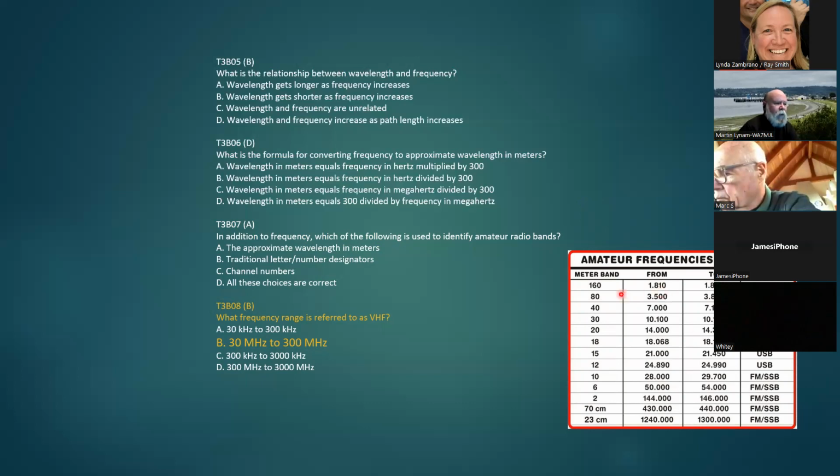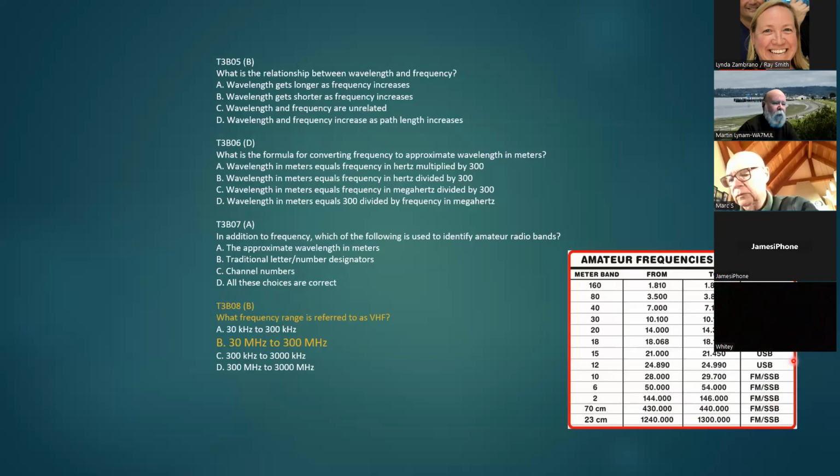In this chart, you can see the common bands used by amateurs and the frequency range used in those bands, and the most common mode that is used. Mode meaning the kind of modulation used.